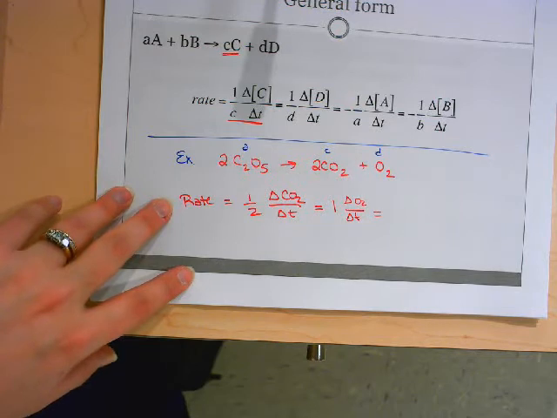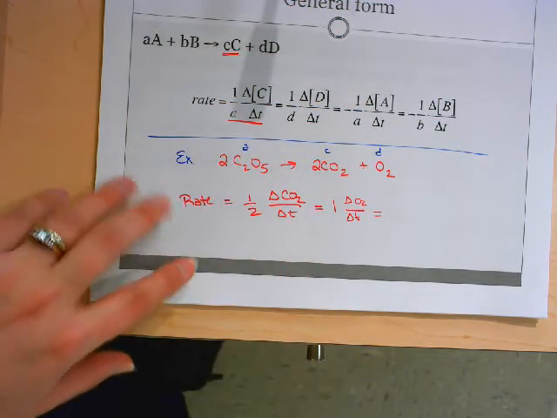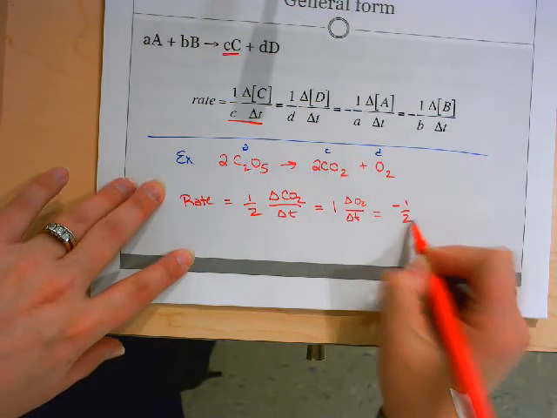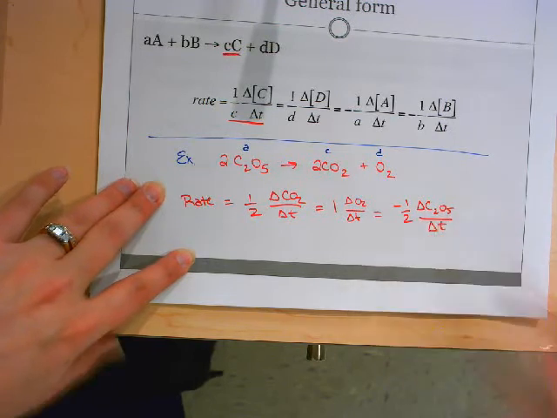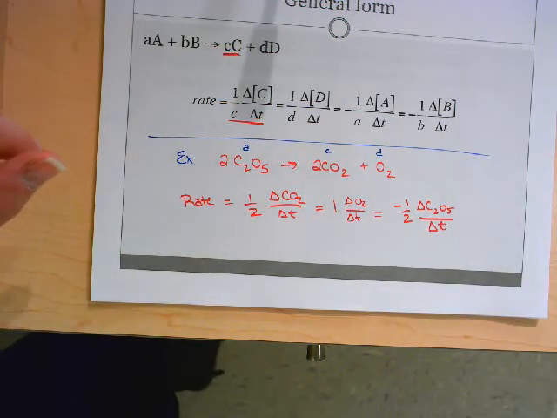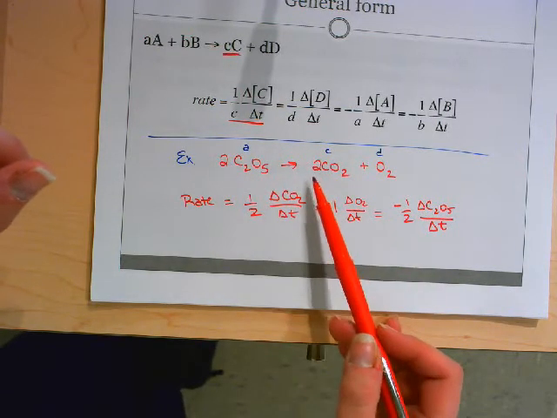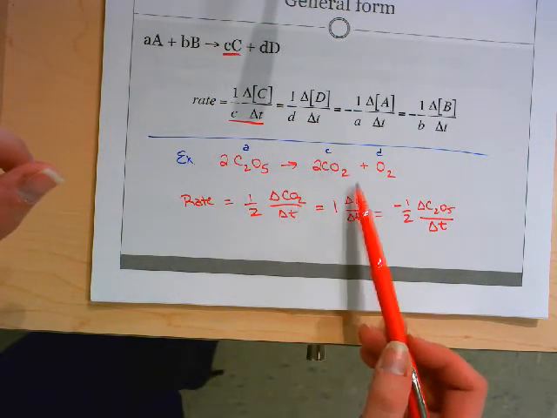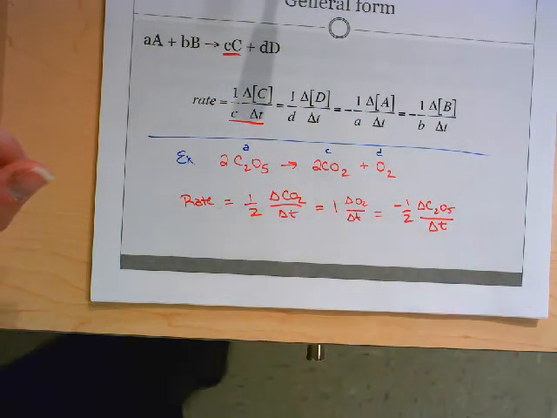Alright, what about the C2O5? What does it need? A negative 1/2. That's the only way they're all going to be equal. Because I'm making double of the carbon dioxide, for it to be equal, I have to halve its speed, or to use the equal sign.